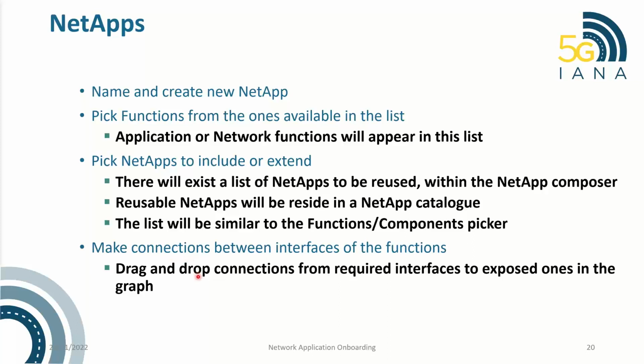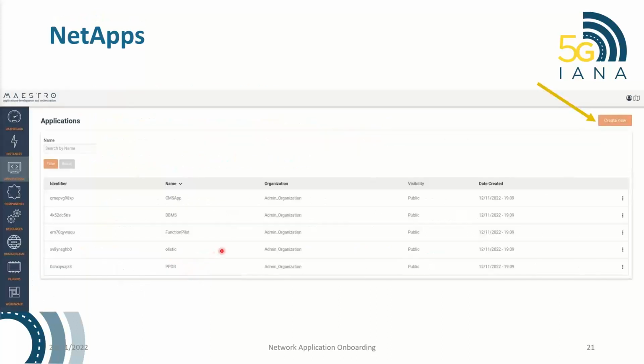And then, of course, we have to proceed with the connections for the different interfaces. You will see this under this tab here on the left that is called applications. Applications refers now here to the NetApps. We have a list, not of the components, but a list of the different NetApps that already have been defined, that pre-exist.